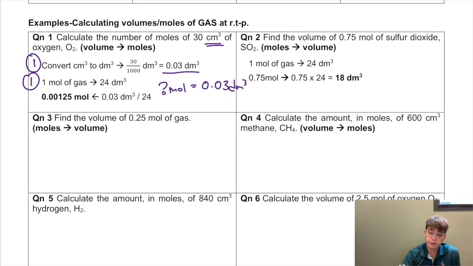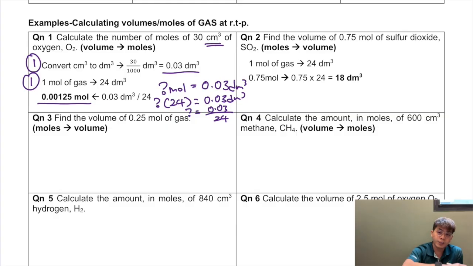So I can substitute: question mark mole equals 0.03 dm cube, 24 equals 0.03 dm cube. Then my question mark is 0.03 divided by 24, and the answer is 0.00125. The method is very similar to molar mass, so it shouldn't be a big change for all of you.